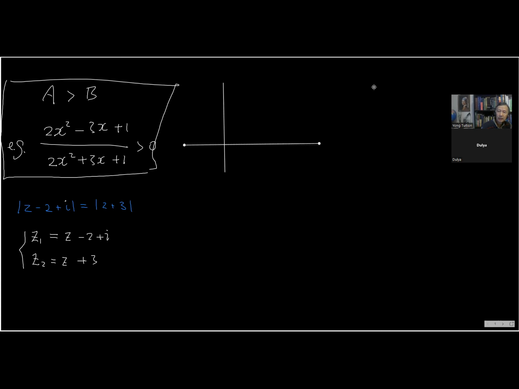Any complex number z must have a real number and an imaginary number. So that is a coordinate. The magnitude, you can use r to represent the magnitude.